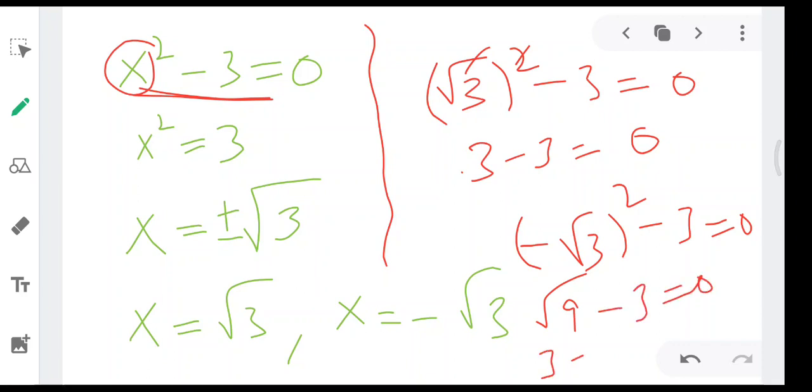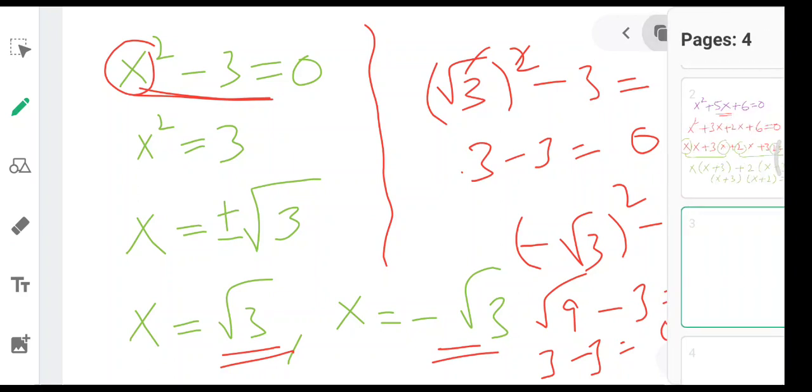Root 9 is 3, minus 3, that is again 0. So these are the 2 zeros of this quadratic polynomial. Anytime you want to check whether it is a factor or a zero, you should substitute the values in the equation. Okay, let's take one more example.